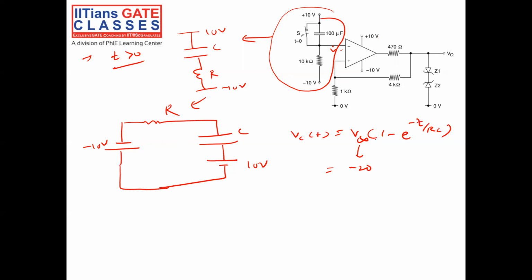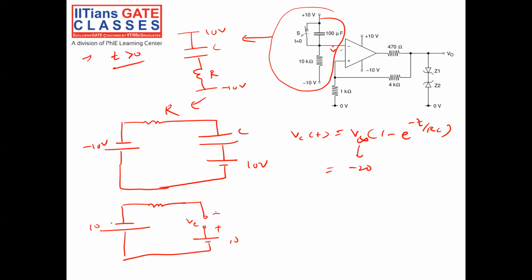Okay, what is V infinity? V infinity is nothing but, at infinite time, positive, negative. So this capacitor will be open at infinite time, right? So what is the voltage of the capacitor VC? Let's take a loop. This is 10.